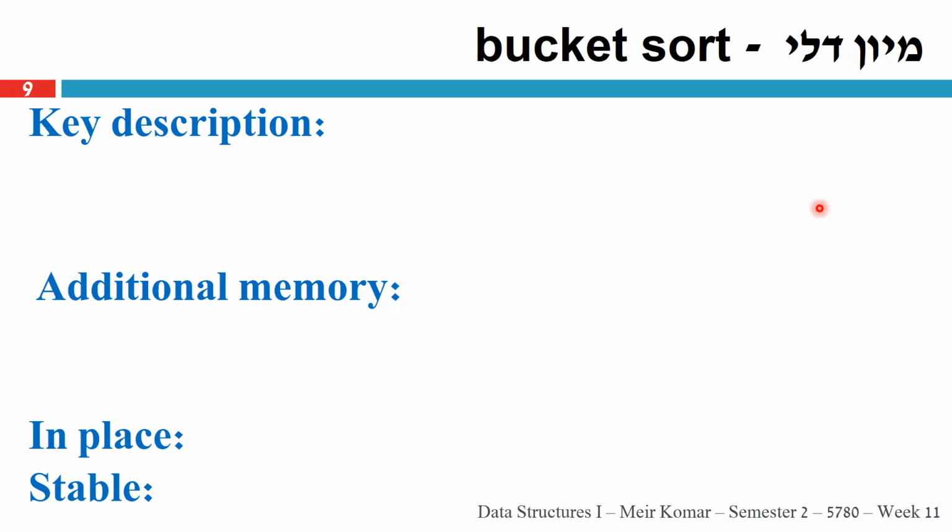Bin. Right. In America they use the word bucket more, and the English speakers, the Anglo-Saxons, use the terminology bin. So you might see in some places the name bin sort.